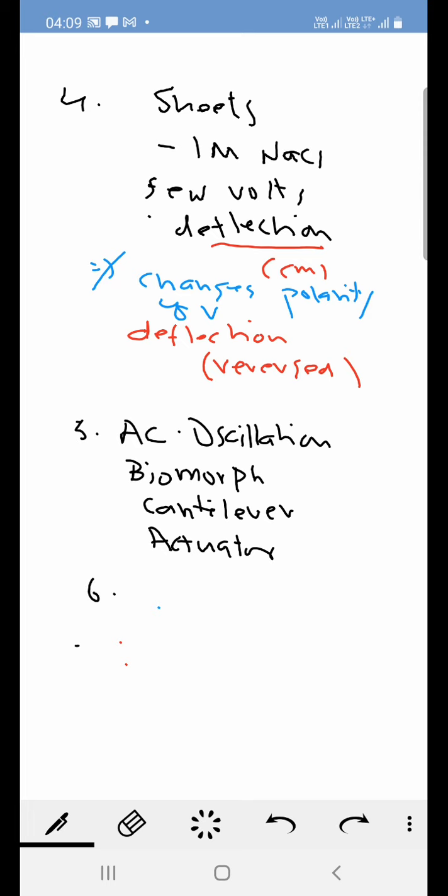Since we are using carbon nanotubes, these actuators are nano-sized.